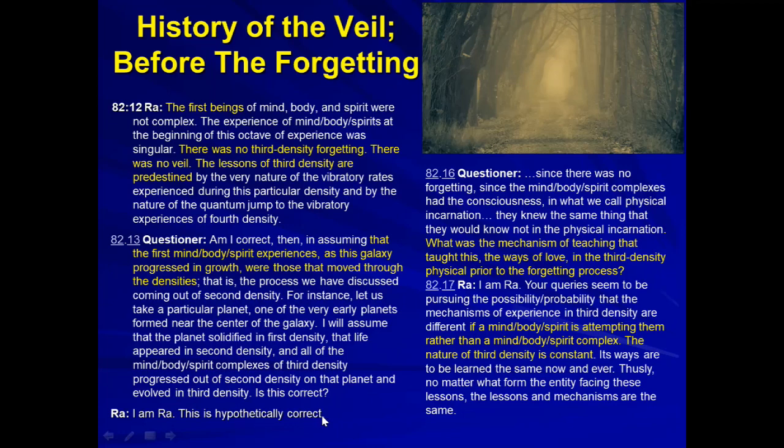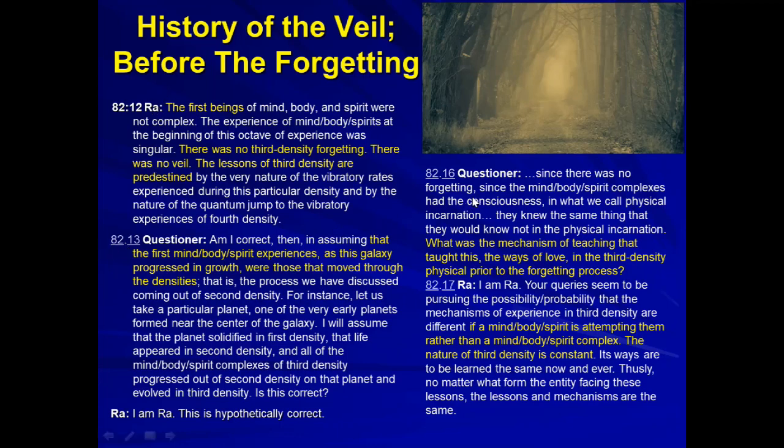Ra's not going to correct everything, and he probably would have wanted to correct that they weren't complexes at that point, but we can just stipulate that. So that's kind of the theory of how it happened. In other words, there was a general evolution from first to second into third, the beings of intelligent infinity, beings of awareness, growing in their awareness through the densities.